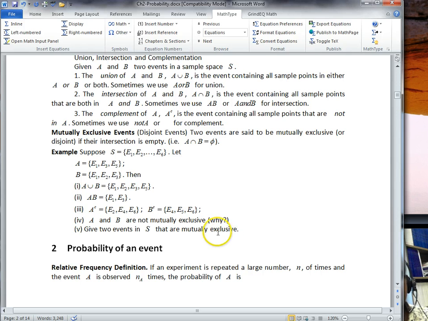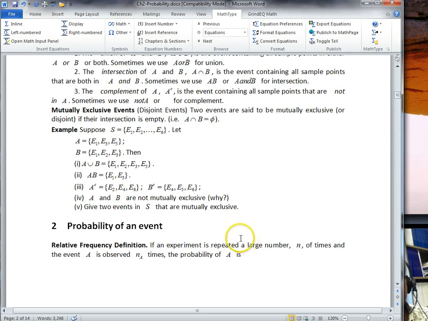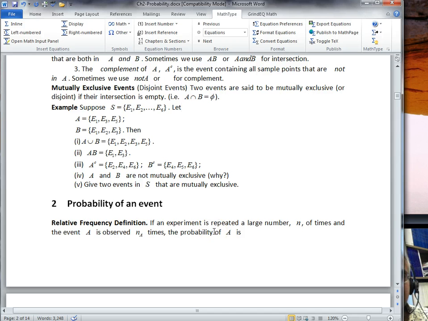Now, what's the probability of an event? This is how we measure the probability of an event, and we're going to talk about a couple of definitions. One is called the relative frequency definition. If you take your random experiment, remember we started with a random experiment, and repeat that a large number of times, call it n, and we are interested in event A, so observe that NA times, that's the number of times you observe A. So now I'm throwing a die, and I'm interested in 6, say.